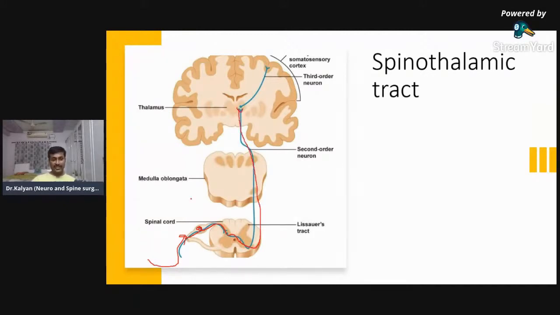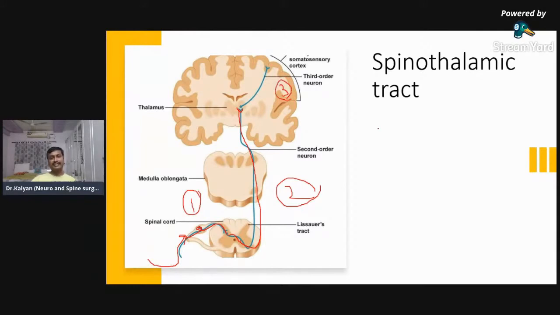So we have the first order neuron from the periphery to the gray horn of the spinal cord, the second order neuron from the gray horn to the thalamus, and the third order neuron from the thalamus to the sensory cortex.